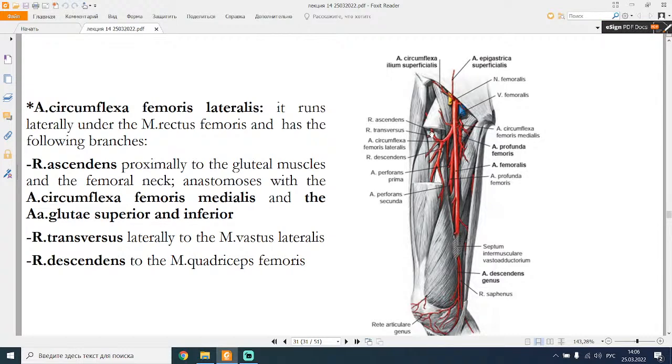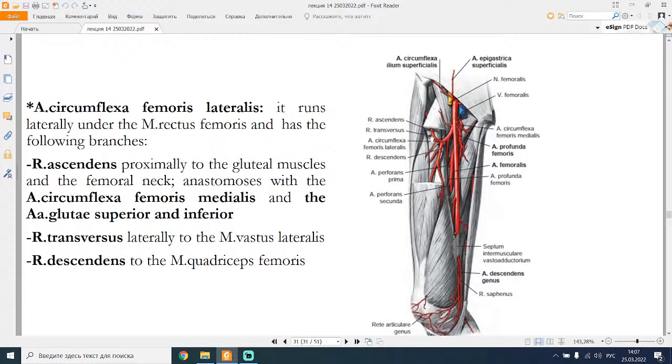Ramus ascendens goes proximally to the gluteal muscles and femoral neck, anastomosing with arteria circumflexa medialis and arteria glutea superior and inferior.